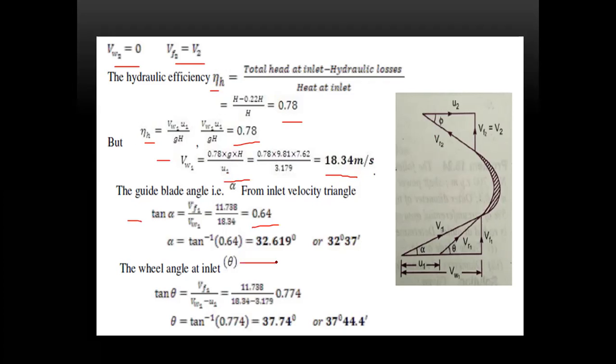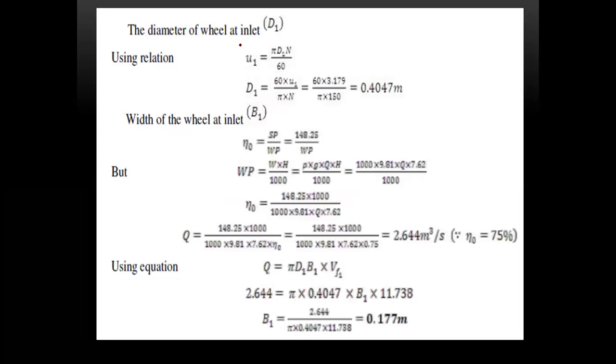Then the wheel angle at inlet, theta, is equals to this one. Now, theta is equal to 37 degrees 44.4 minutes. Now, the diameter of the wheel at the inlet D1, using this relation, U1 is equals to pi D1 N divided by 60.